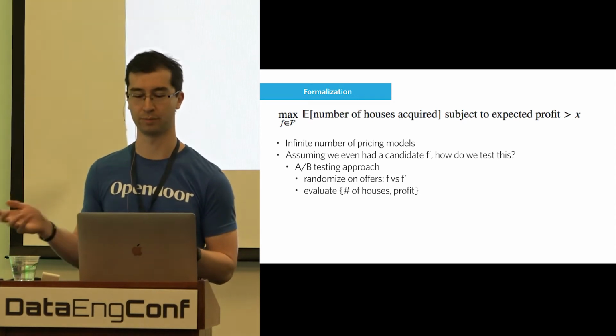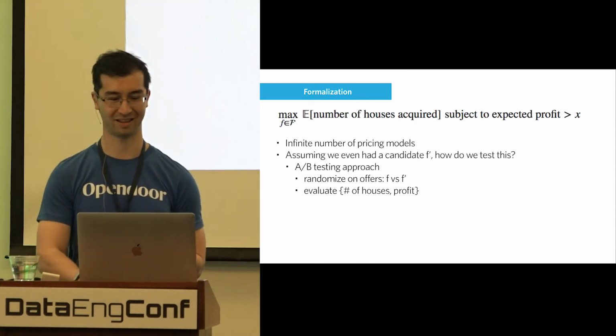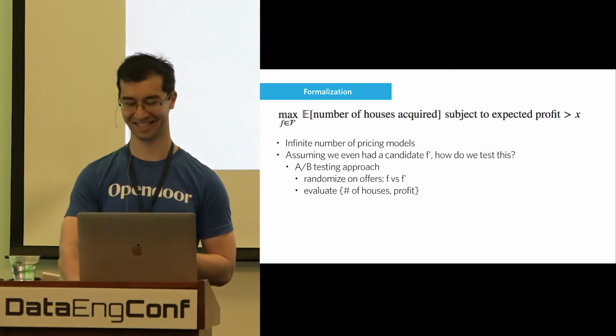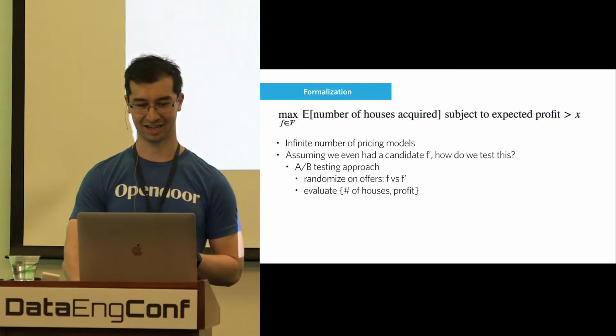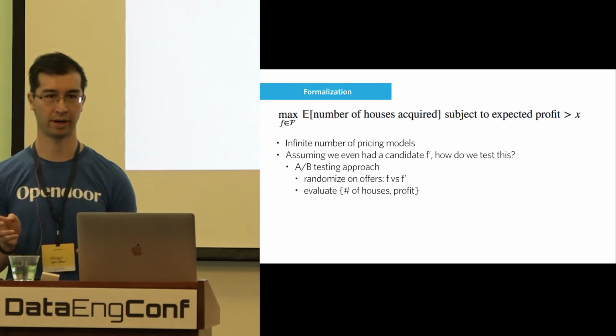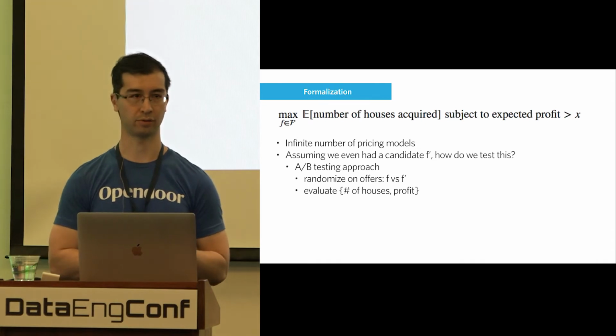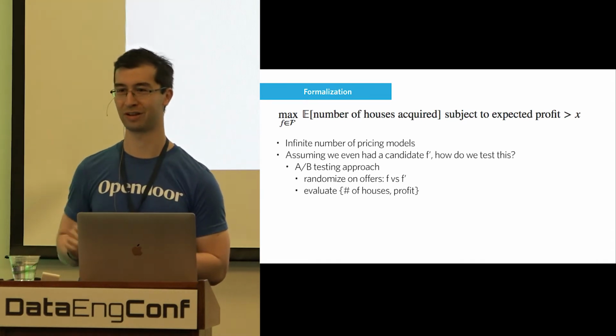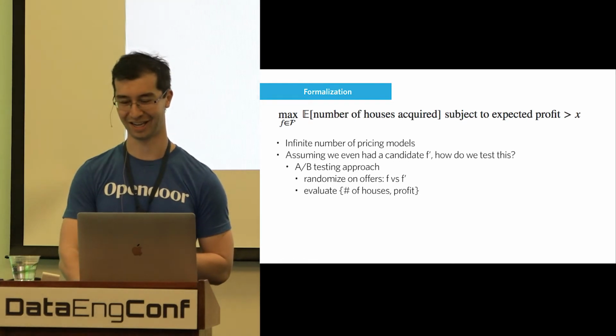How do you know how much weight to put on each one? The treatment space is very large. And assuming you even whittled it down to one candidate that you thought was pretty good, how do you test this? Well, I can probably ask any of the 90+% of the people who raised their hands earlier.